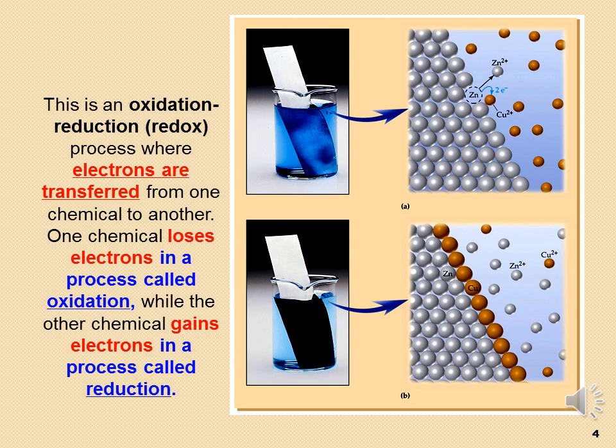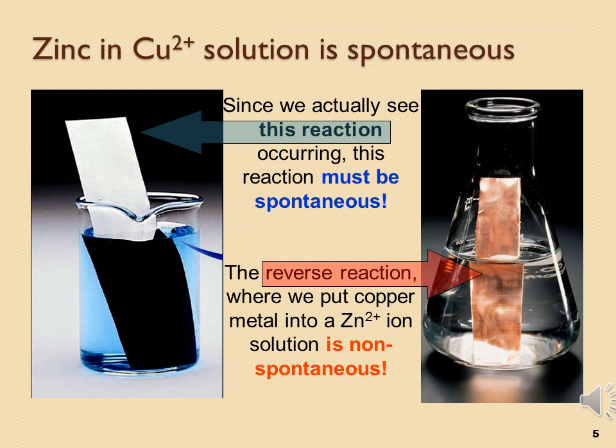One chemical loses electrons in a process called oxidation, while the other chemical gains electrons in a process called reduction. In our virtual experiment, zinc loses electrons and we say this is an oxidation process, while copper gains electrons and we say this is a reduction process. Since zinc is more reactive than copper, the zinc will dissolve in solution, and we can actually see this reaction occurring.